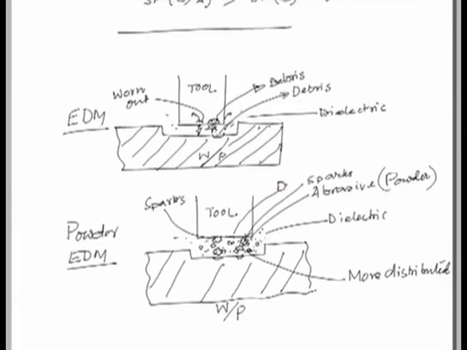So, this is the debris produced because of powder EDM, which is less in quantity in comparison to the previous case. So, this ultimately results in reduced tool wear.